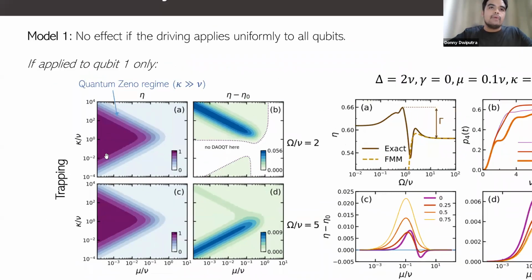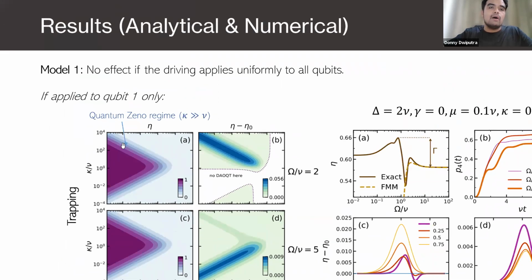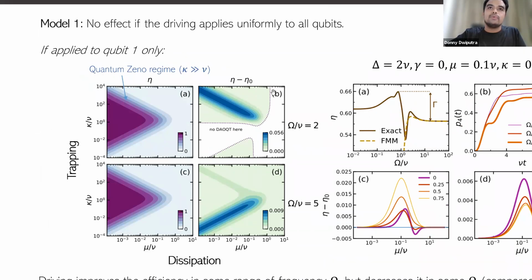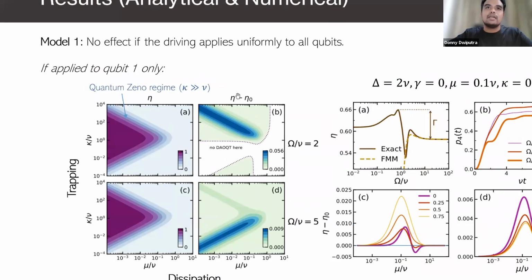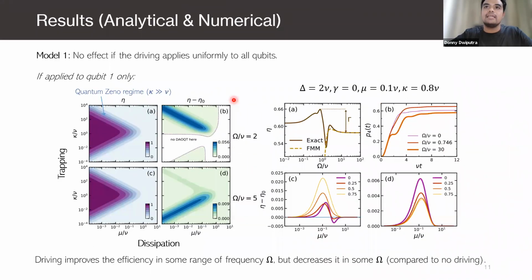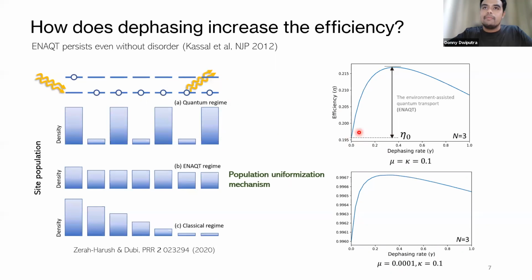So whenever the trapping is too high or too low, or the dissipation is too high, there will be no efficiency at all. And the DAOQT, which we define as the difference between the efficiency and the efficiency with the dephasing rate set to 0.